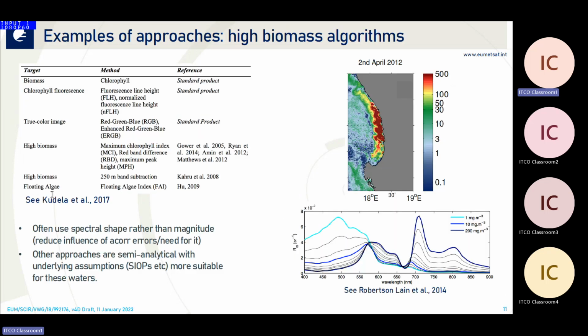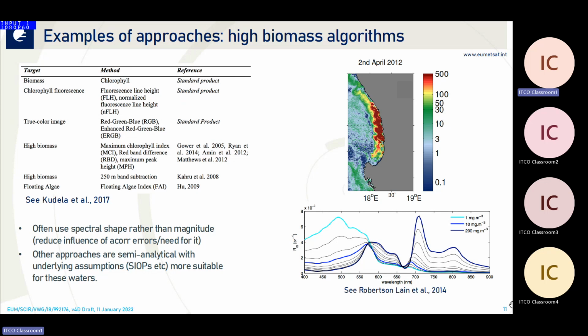So, some approaches to face the problems of HABs using remote sensing or hybrid methodologies. For instance, when we want to study high biomass HABs, we need to move from the blue-green ratio algorithm to other parts, to use other bands, other parts of the spectrum.